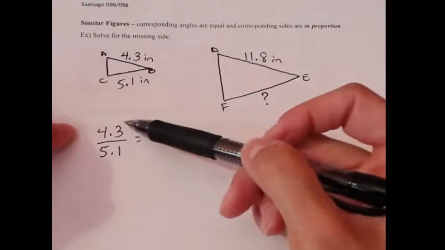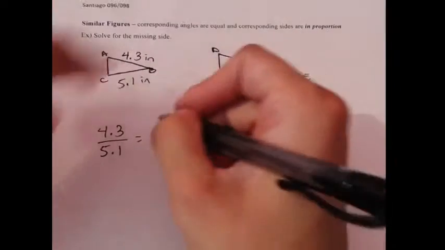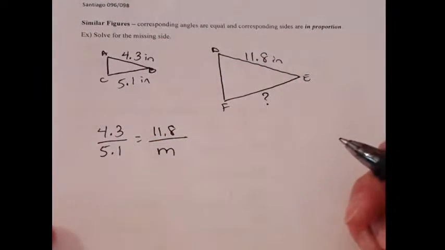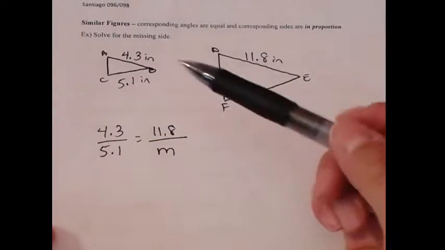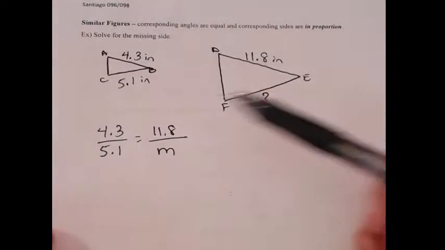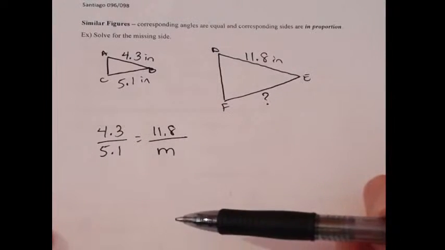So top side, bottom side of the small triangle is equal to top side, bottom side of the large triangle. Do you see how we have top over bottom, top over bottom? We are consistent in our setup of our proportion.